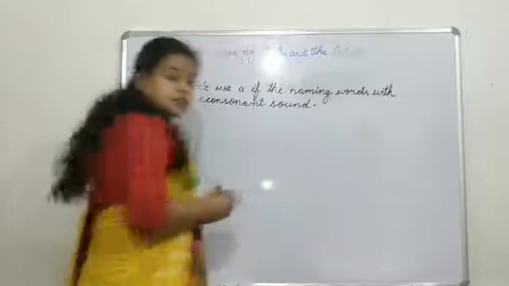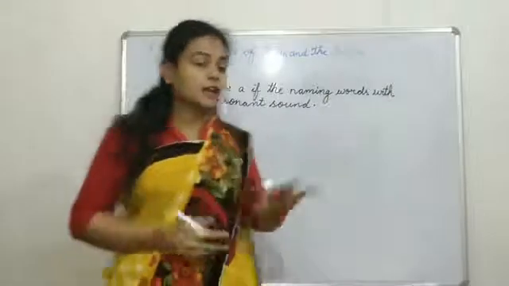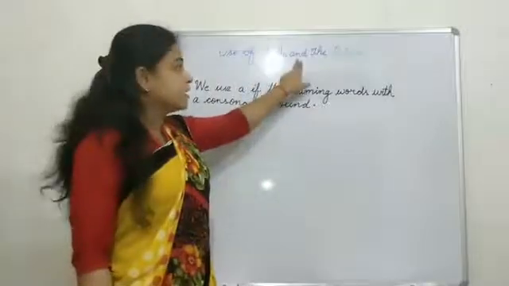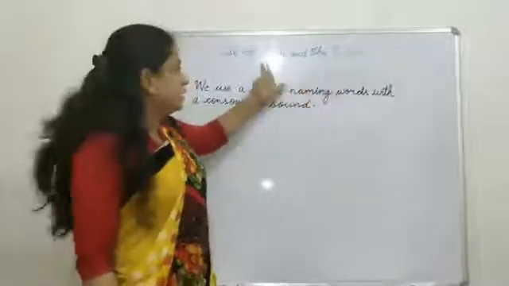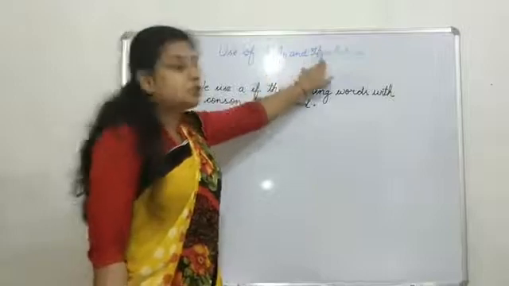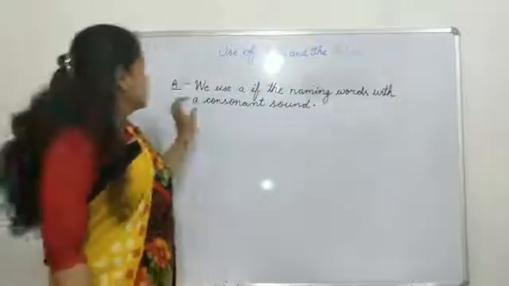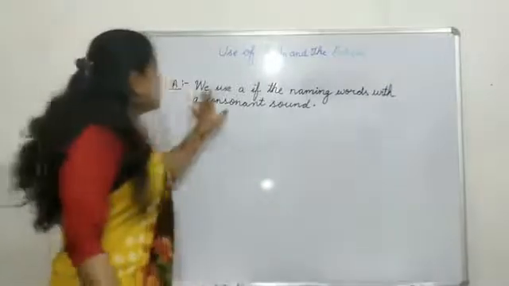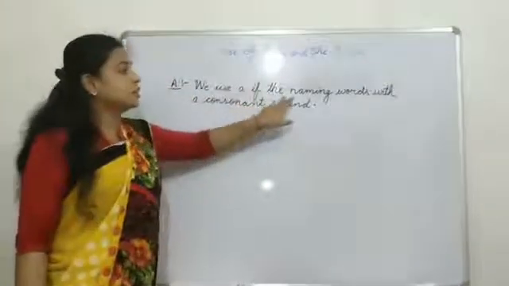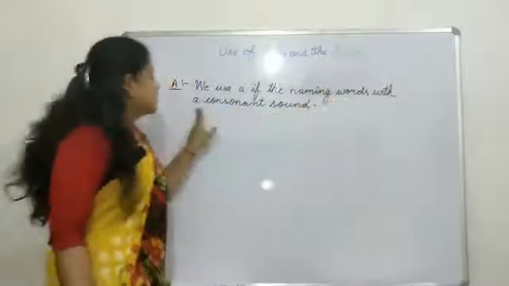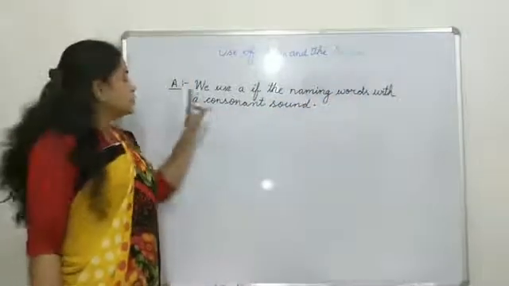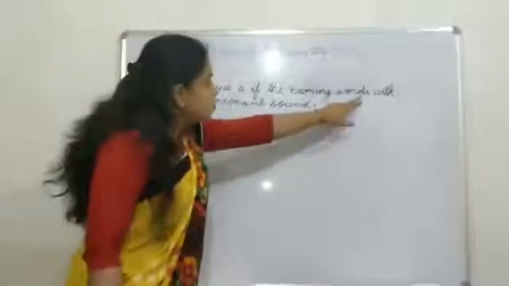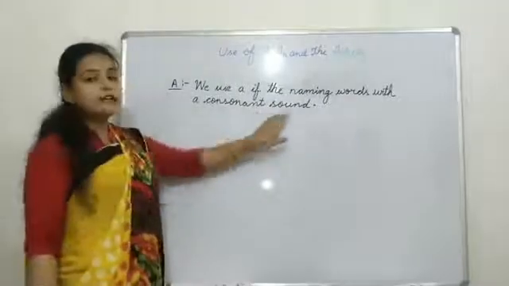Okay, dear children, there are three articles in English: A, An and The. Now let's learn the use of A. Where do we have to use A? We use A if the naming word begins with a consonant sound.